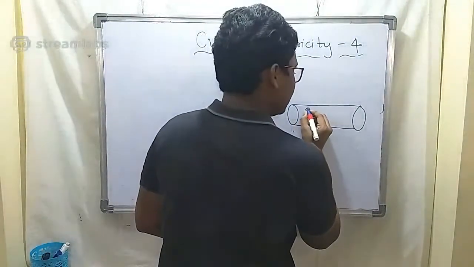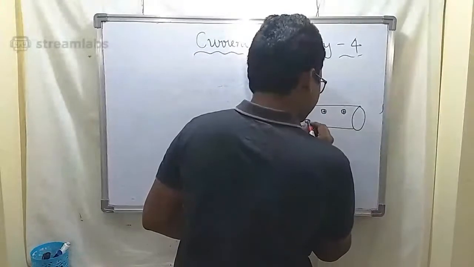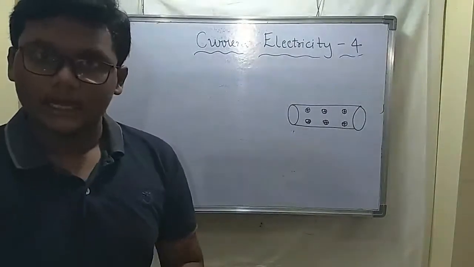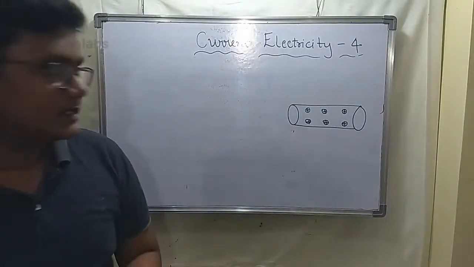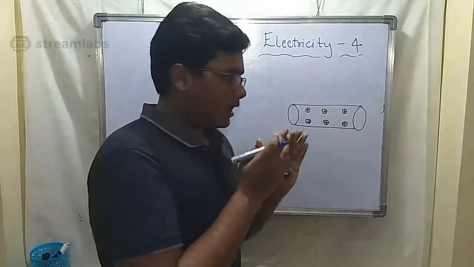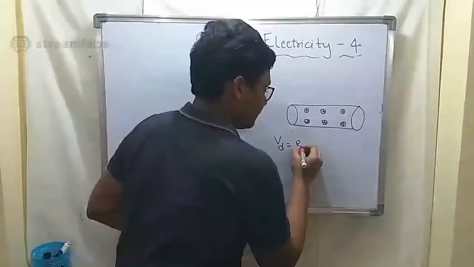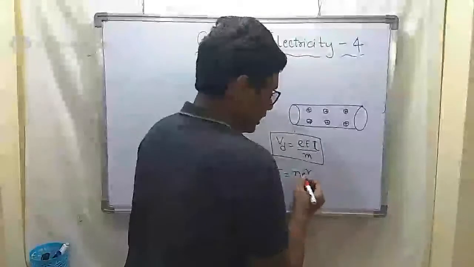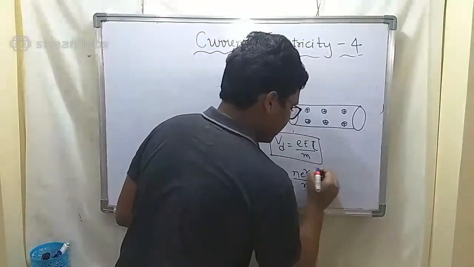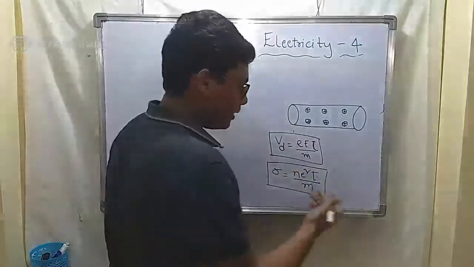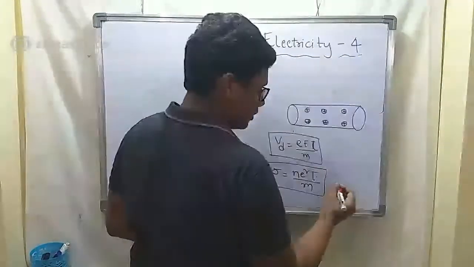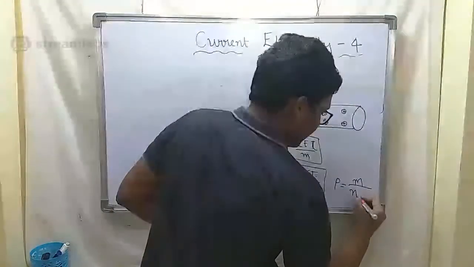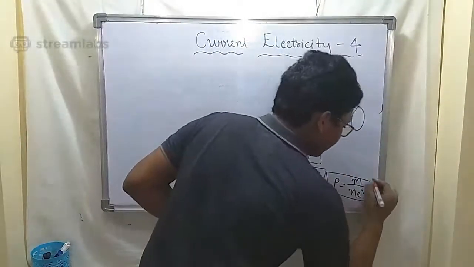At normal temperature, like 0 to 20 degrees Celsius or 27 degrees Celsius, the conductivity sigma is Ne square tau by m, and rho is also m by Ne square tau.